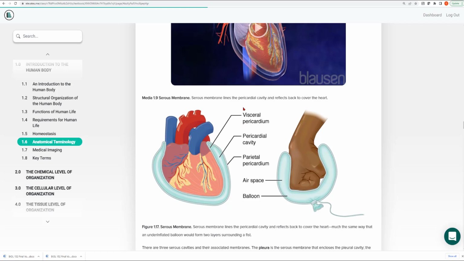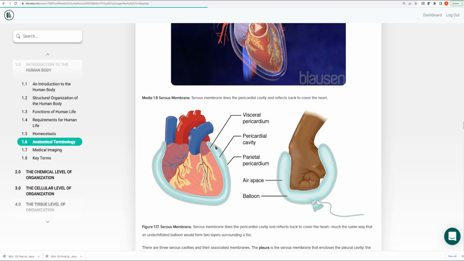Viscera means the organ. So the visceral layer is up against the hand or the organ. The outer layer of the balloon is your parietal layer. Parietal means wall. So it is surrounding the outer wall of this membrane. And then in between, in the balloon, there's an air space.